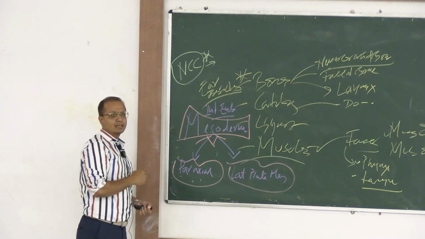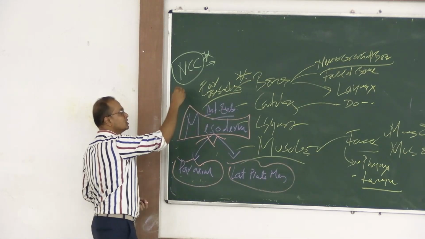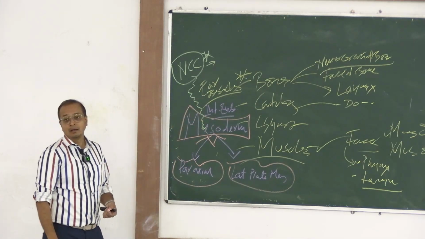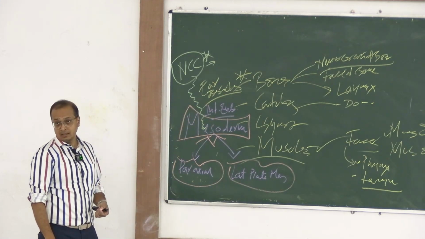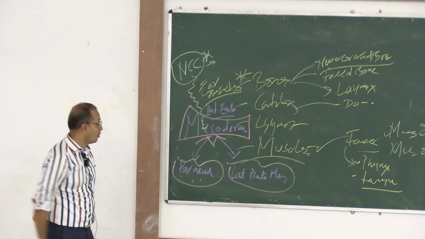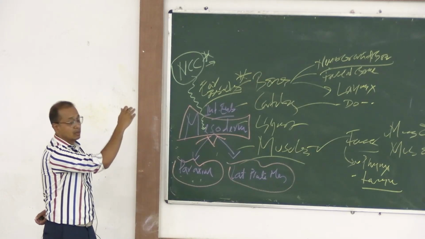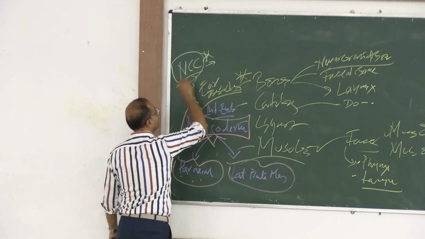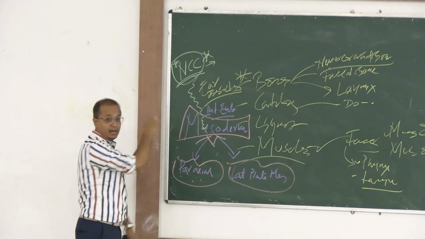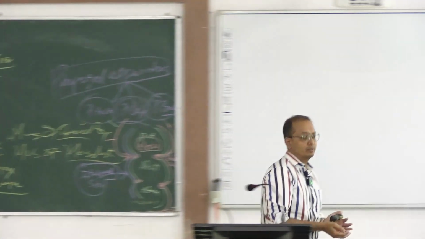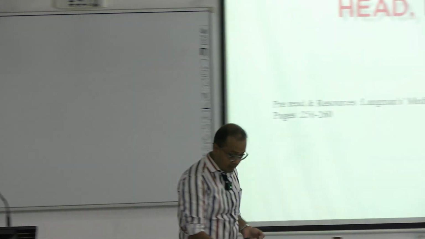Now this neural crest cell or NCC also migrates within the mesodermal tissue of these pharyngeal arches, and they sit there and become the cells which are going to form these muscles, cartilage, ligaments, etc. So this NCC is very important and it yields some structures in these regions of the future head and neck region. So this is the preface.